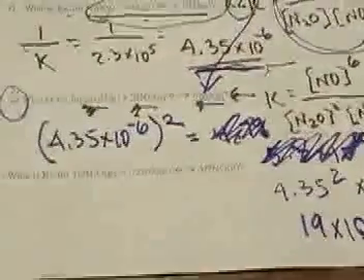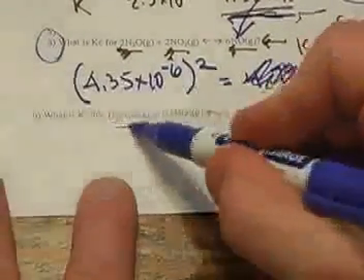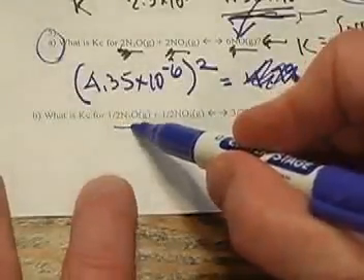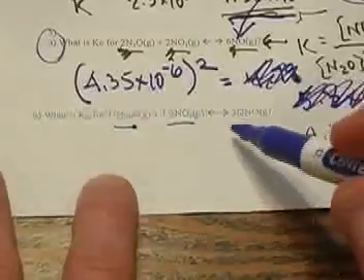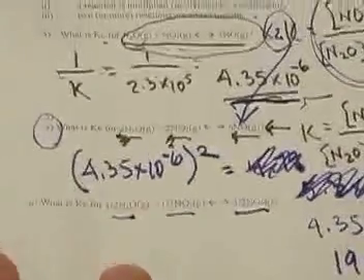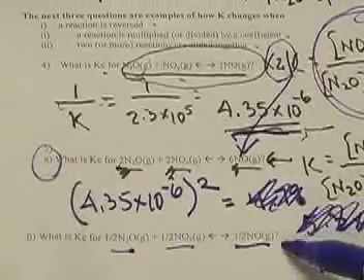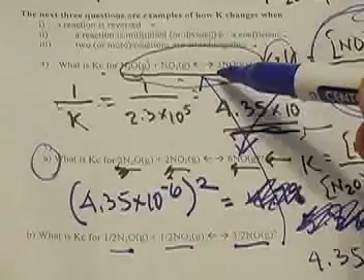Now let's take a look at 5b. What is K sub C for 1/2 N2O plus 1/2 NO2 goes to 3/2 NO? Now take a look and notice how this reaction is similar to the one we had up here again.